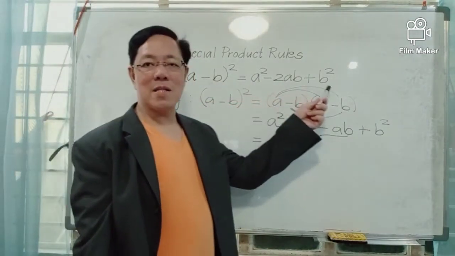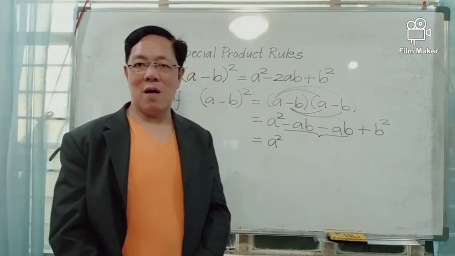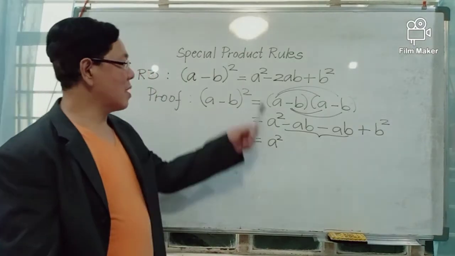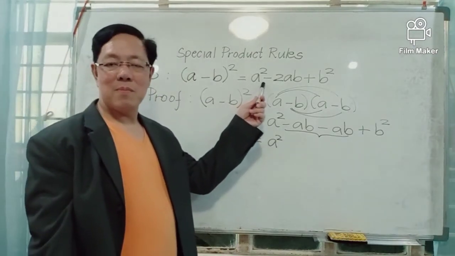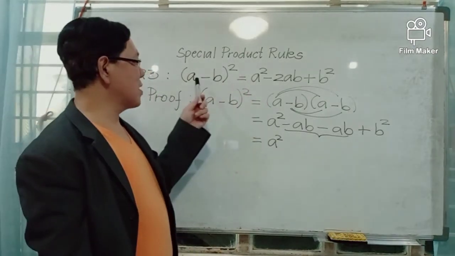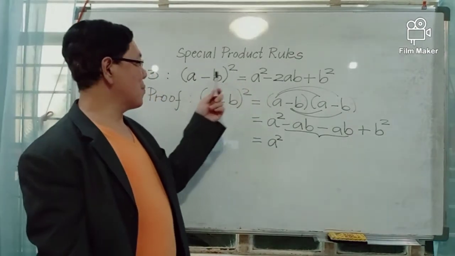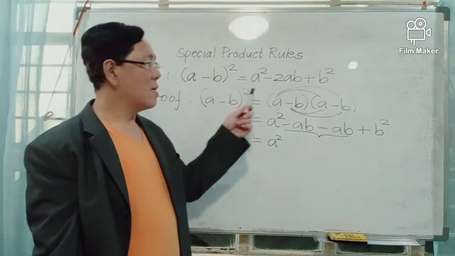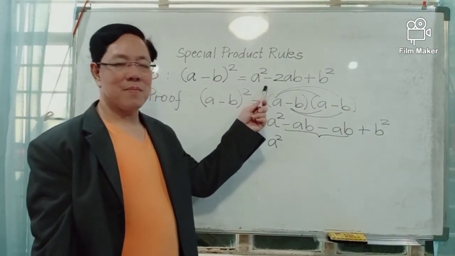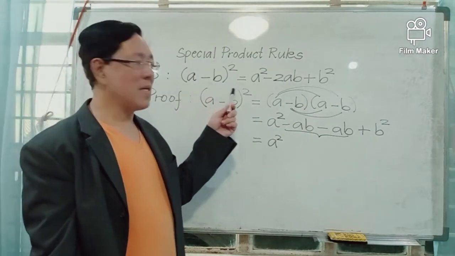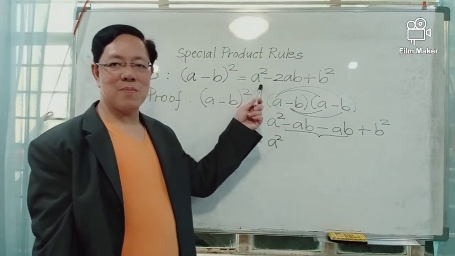These are exactly the terms of the square of a sum of two terms A plus B, except that the middle term of the square of the difference of A and B is negative. For the square of the sum of A and B, the middle term is positive. For the square of the difference of two terms A and B, the middle term is negative.